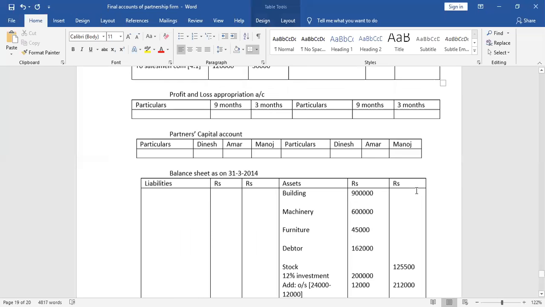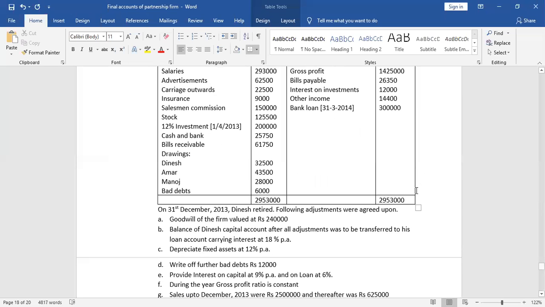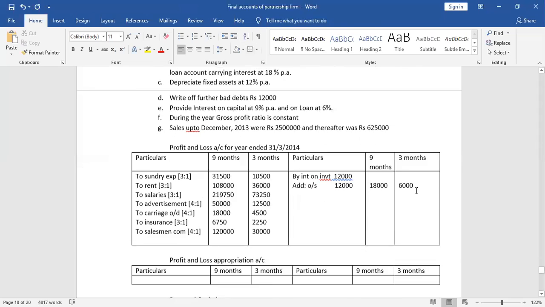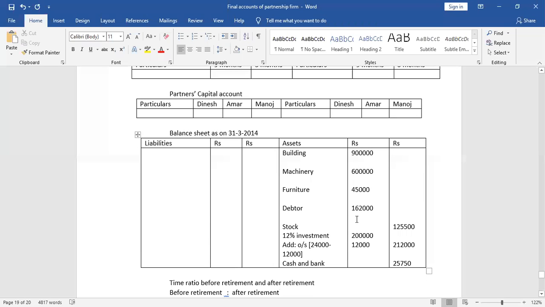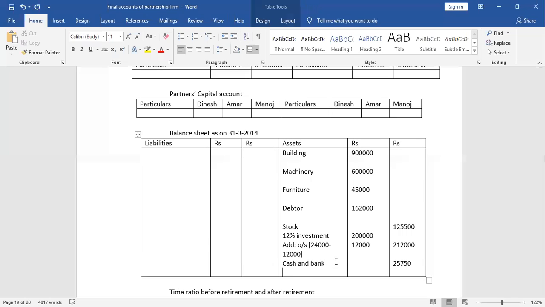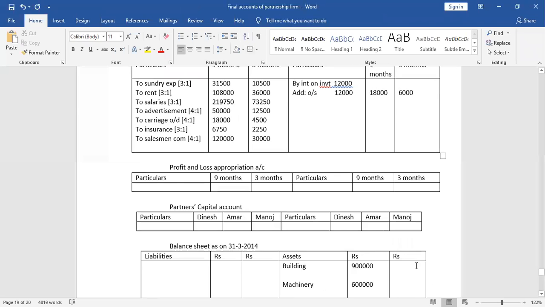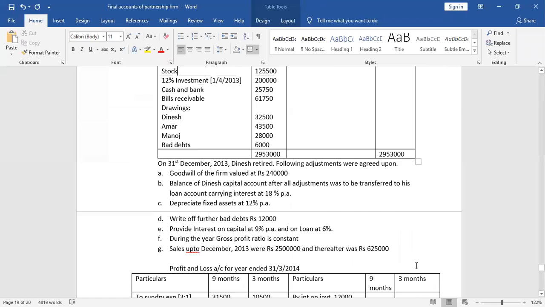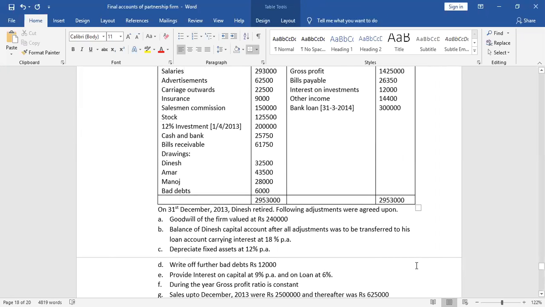After cash and bank we have bills receivable 61,750. Bills receivable 61,750. Then we have drawings. Drawings is there: Dinesh, Amar and Manoj.